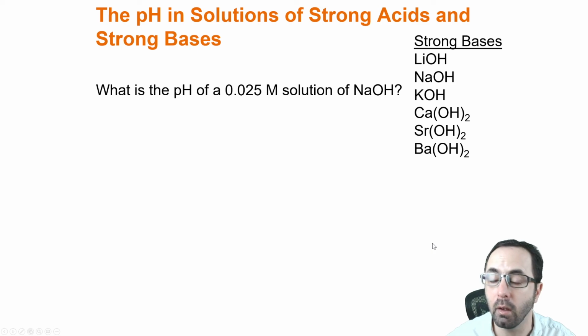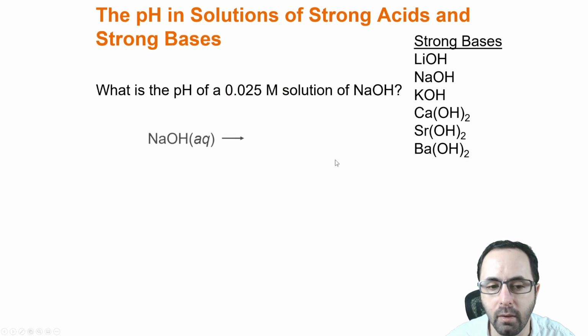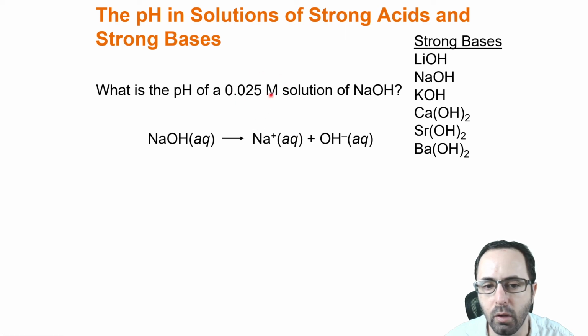The pH of a strong base, again, these are our strong bases here. We discussed them as well in lab, or we'll do so if you have the lab on Tuesday. So what is the pH of a 0.025 molar solution of sodium hydroxide? Again, sodium hydroxide completely dissociates, so your concentration of 0.025 molar sodium hydroxide is equal to your concentration of hydroxide.